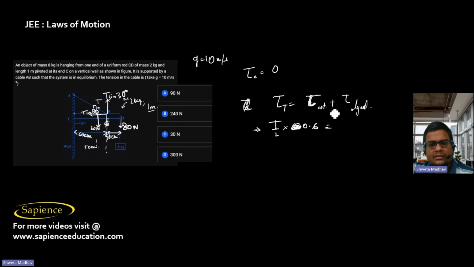It means the torque of the weight, that is 20 Newton into this length, that is 50 centimeter or 0.5, plus the torque of the 80 Newton force, which is 80 into this, 1 meter. Then the tension we can find out. So this will be T into 0.3.